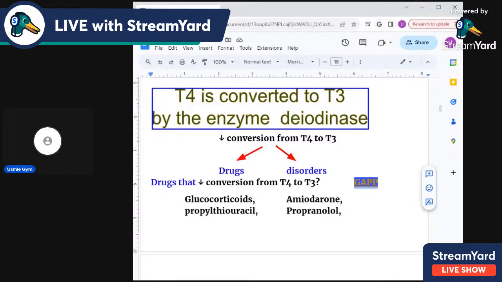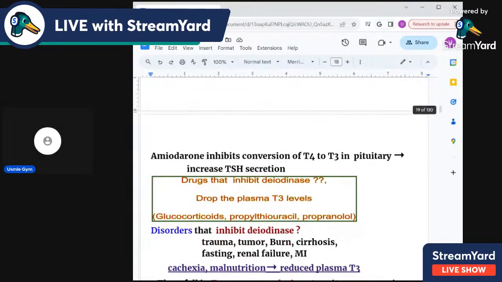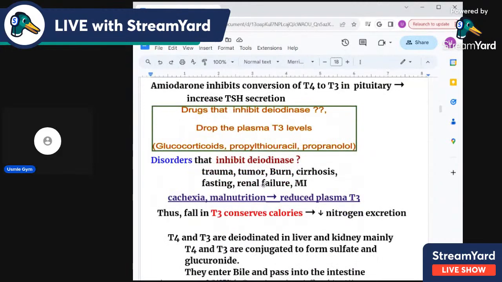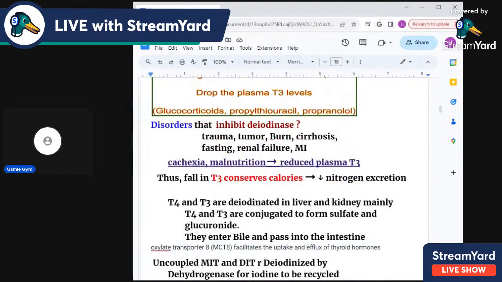The disorders that decrease the conversion of T4 to T3 are trauma, tumor, burns, anything that reduces body metabolism. These are trauma, tumor, burn, cirrhosis of the liver, kidney failure, and myocardial infarction.